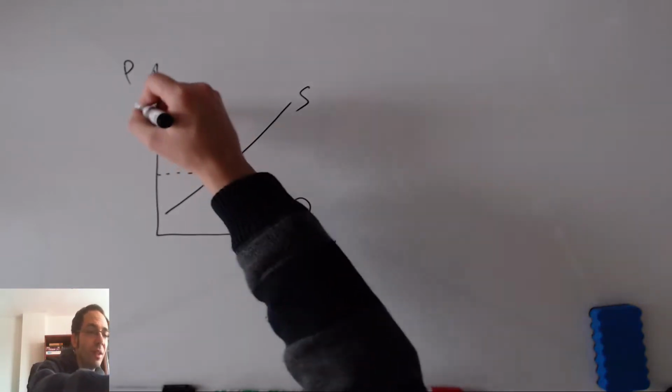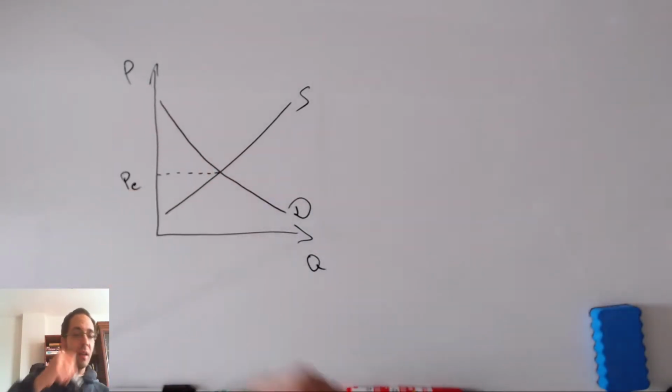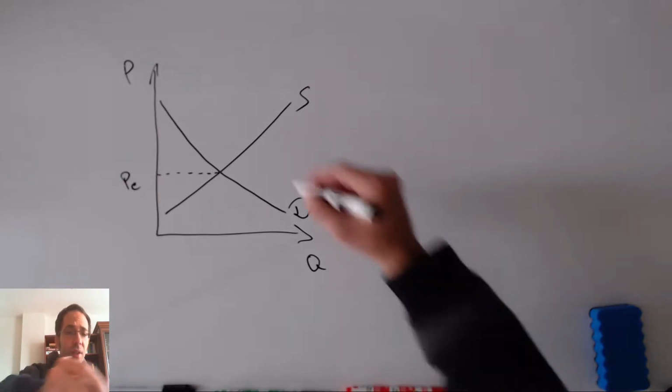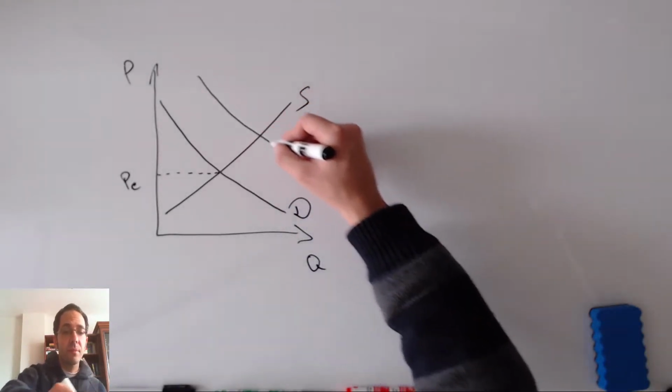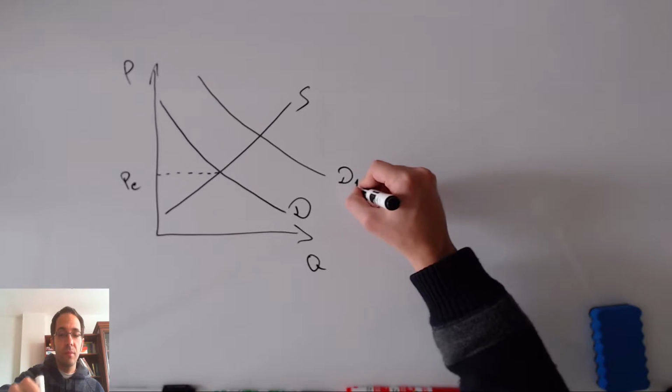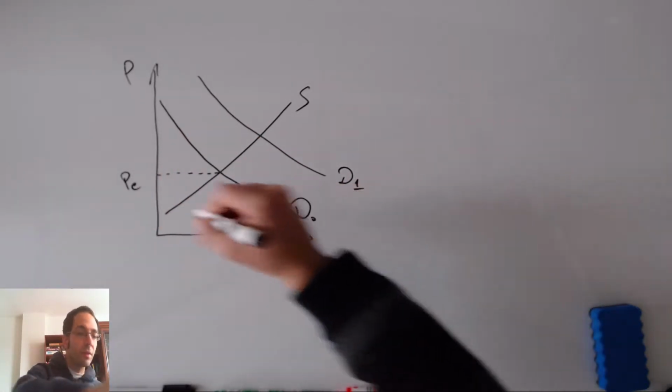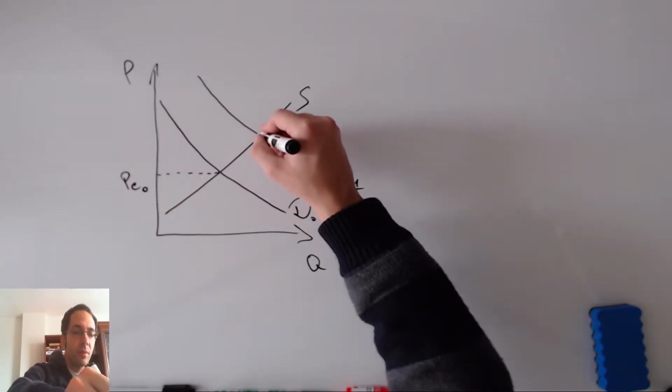So, in this situation, let's say, imagine that the demand has been increasing. Demand is increasing because of rising population, or the average household income is rising. For whatever reasons, we have a rising demand. And this was, let's go to PE0.